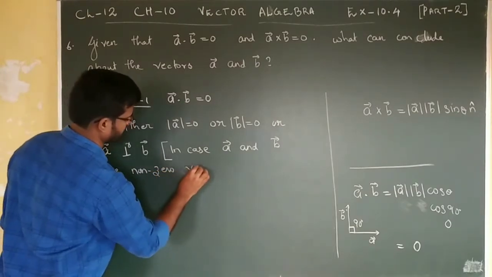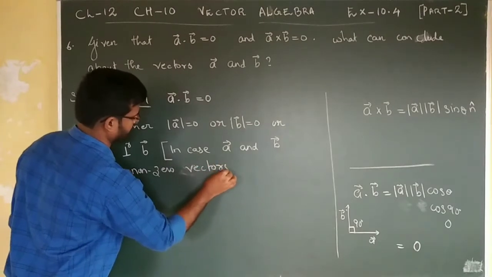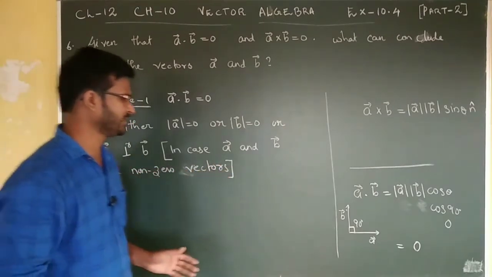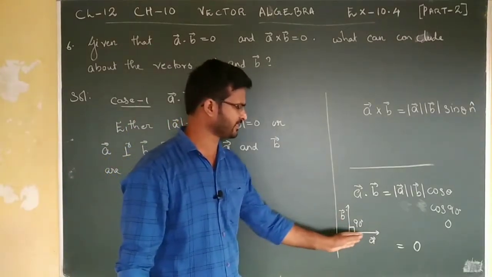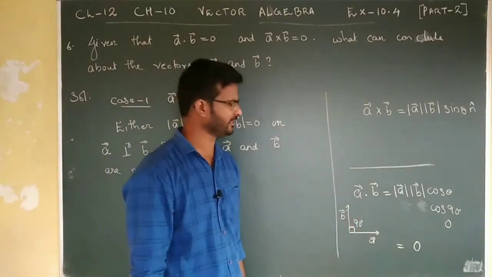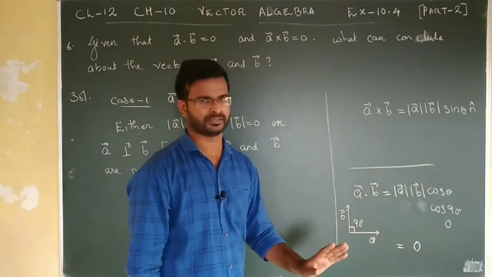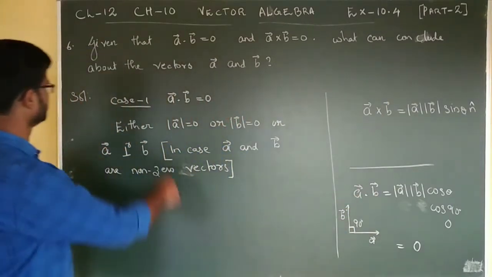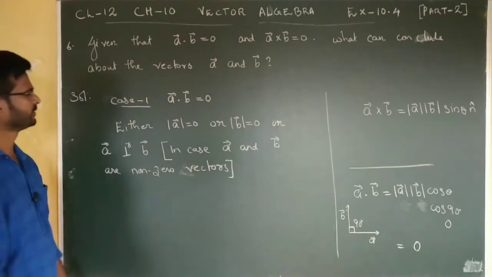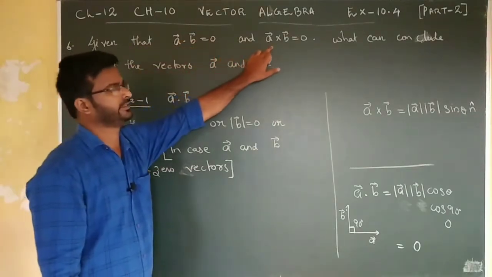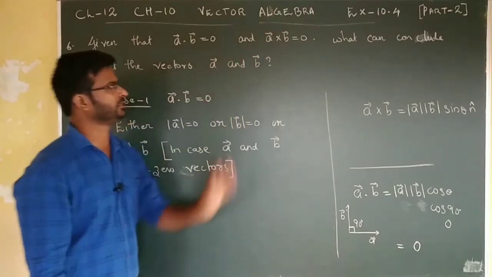Non-zero vectors means we have to consider the angle between A vector and B vector as 90 degrees. Then A vector dot B vector you will get 0. This is in the case of the dot product. Now we can take the second part, that is the cross product, A cross B equal to 0.